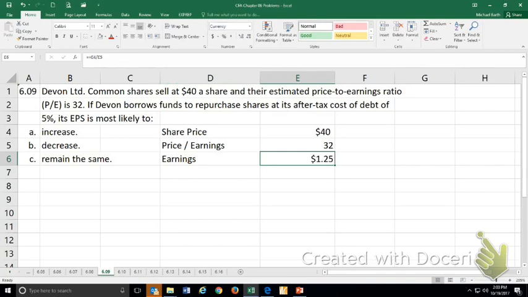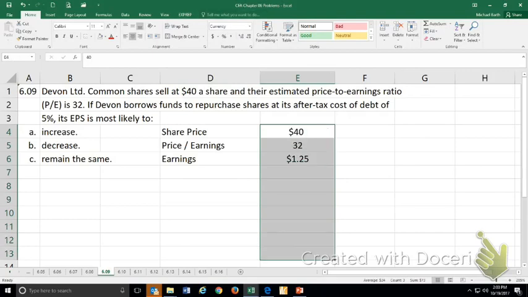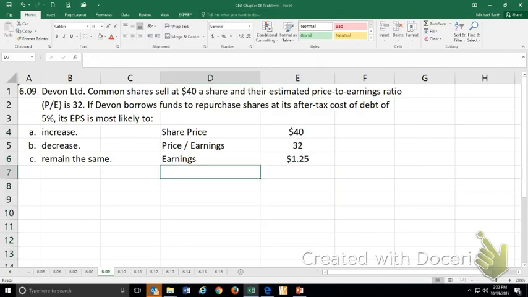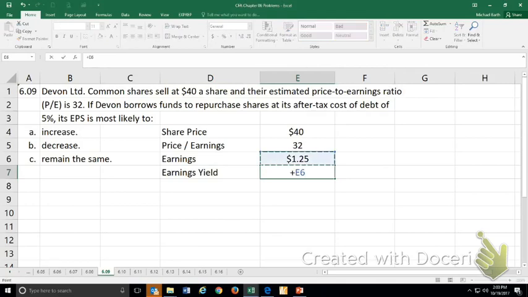Okay, so people are willing to pay $40 for $1.25 of earnings. That makes the earnings yield, which is the inverse, the 1 over the price earnings ratio. If you're earning $1.25 on a $40 investment, that gives you an earnings yield of 3.125%.